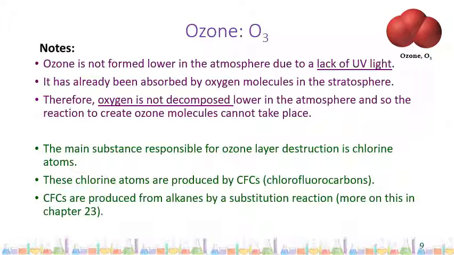So how are they produced? CFCs are produced from alkanes by a substitution reaction. We're going to see more of that when we go back to chapter 23, but basically CFCs are carbons with chlorines and fluorines attached to them. So it's an alkane, with all single bonds between the carbons, and the hydrogens on those carbons have been replaced by chlorines and fluorines.